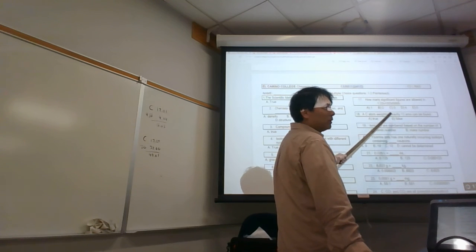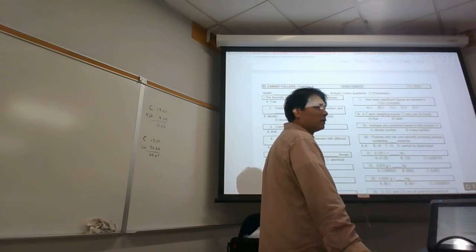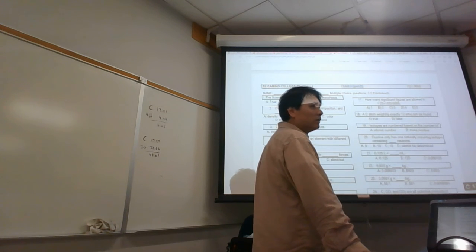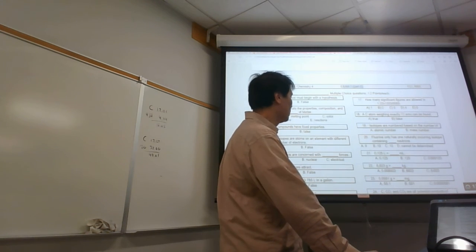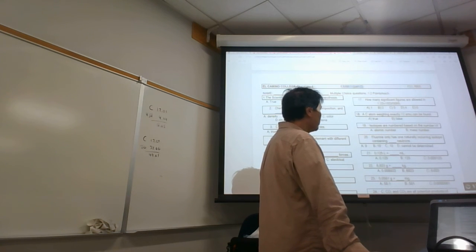This is true because of the definition of the AMU: one atom of carbon 12 is exactly 12. I got it mixed up. There's carbon 14 and carbon 13. The average mass of carbon in nature is 12.01.